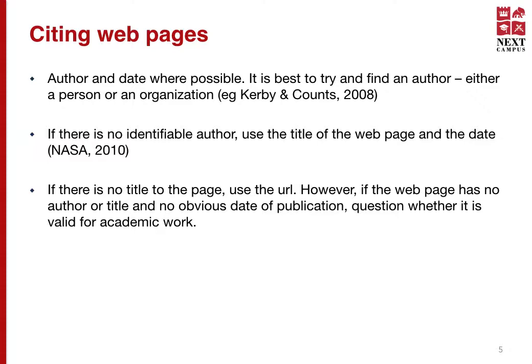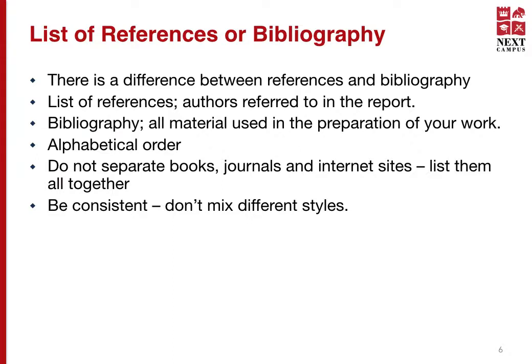Now let's look at the difference between a list of references and a bibliography. A list of references is generally what you use in your report directly. A bibliography is additional reading around the topics that you have done, but you have not directly brought it into your text. So both need to be arranged in alphabetical order, and you can separately list them.